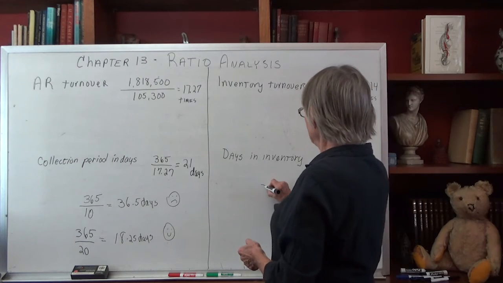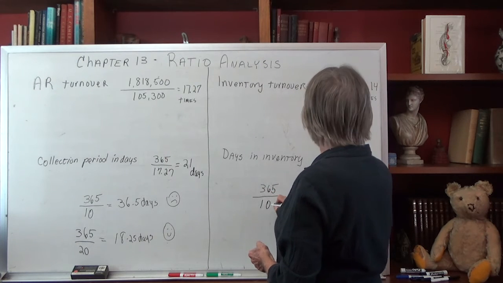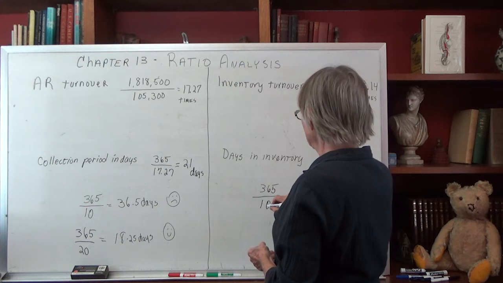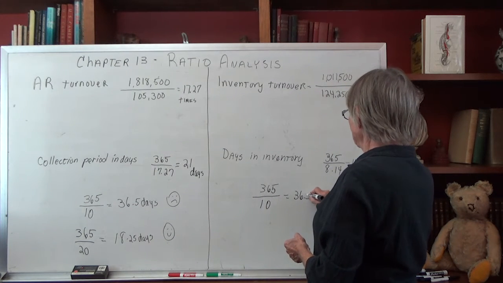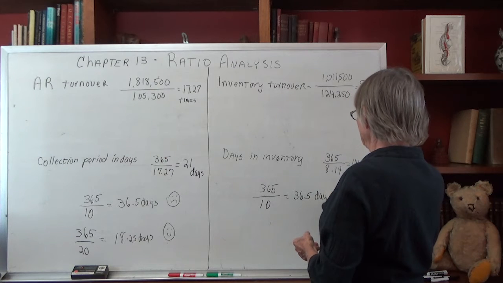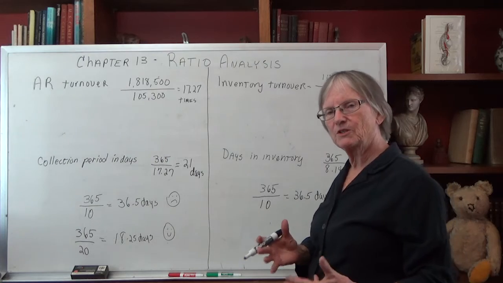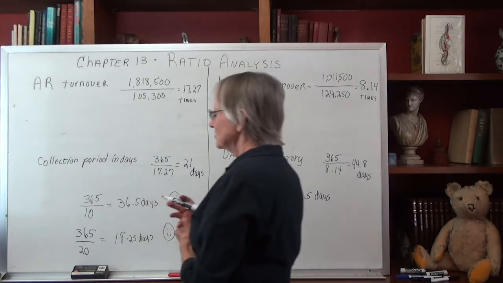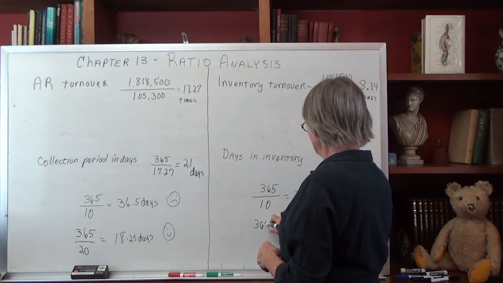All right, so let's play with this one a little bit. Here's 365. If we had a turnover ratio of 10, that's 36.5 days. That might be a little bit better. We're not holding the stuff in inventory quite as long. Let's try it if it were lower.